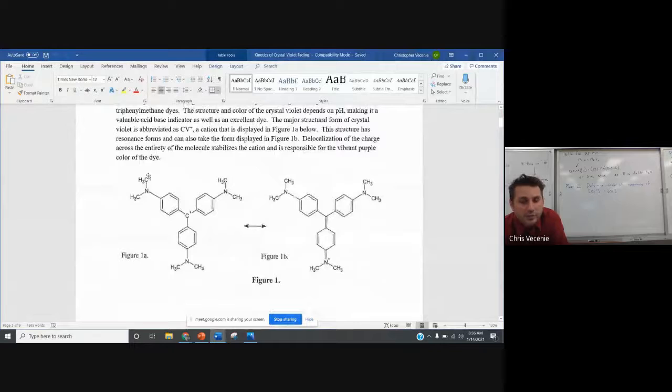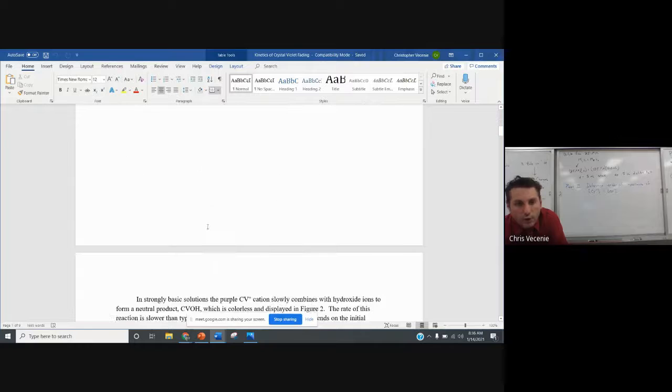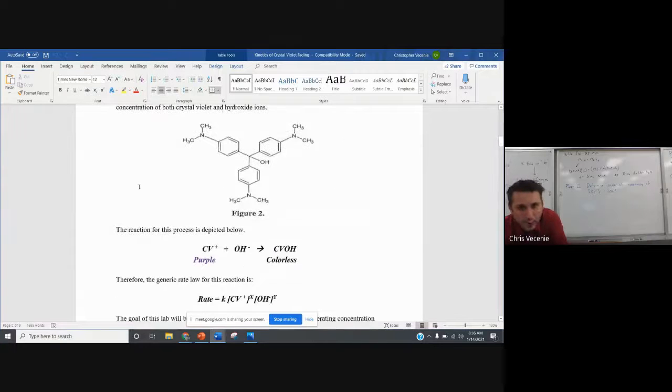So here's our crystal violet, that structure. Here's the positive, there's another positive. OH negative is going to come in here and it's going to bind with that positive charge on the carbon, and create this structure.